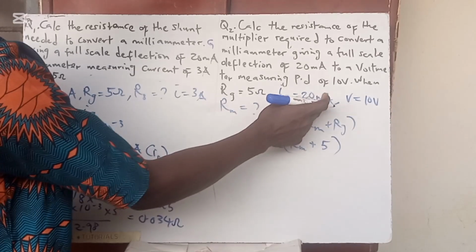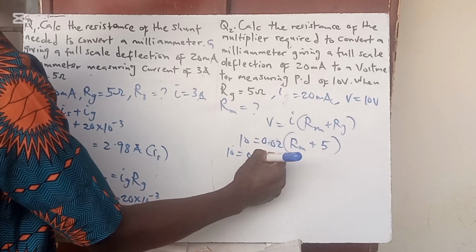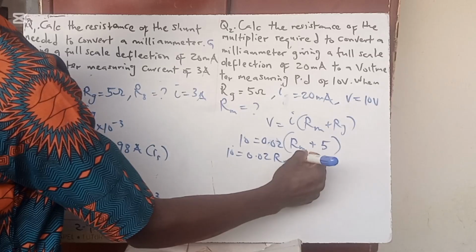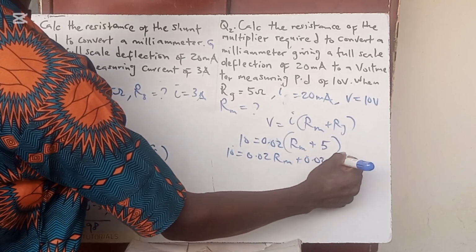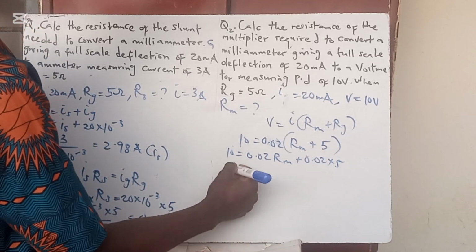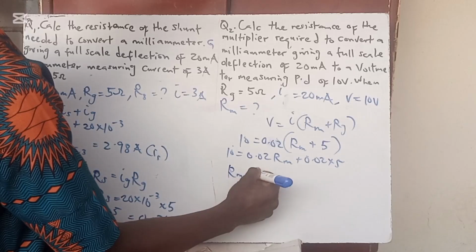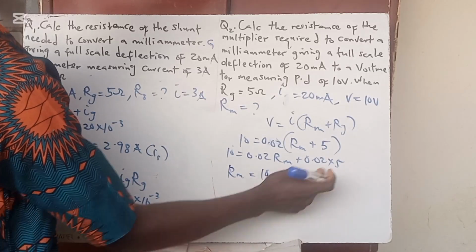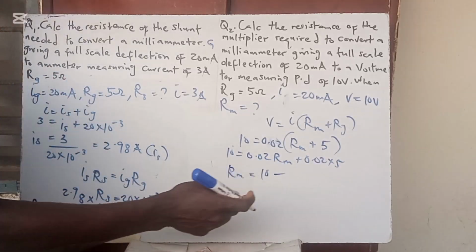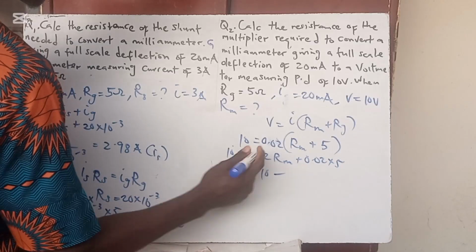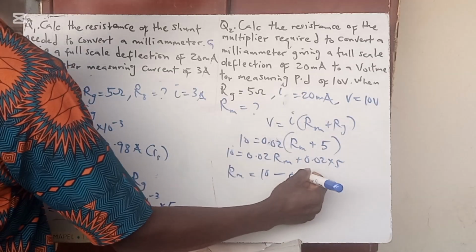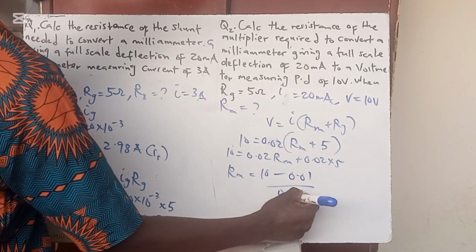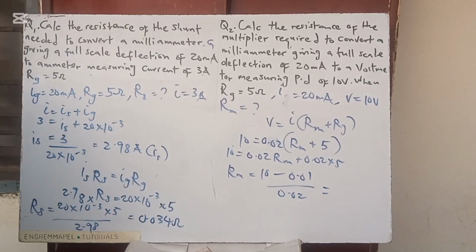So that will be 0.02 because of the milli. So 0.02 Rm plus 0.02 times 5. I can just make it fast and say 10 minus, if you calculate this, it is going to be 0.1. So 10 minus 0.1, we are bringing it to the other side, it will be over 0.02. And my Rm, when you calculate that, is going to be 495 ohms.